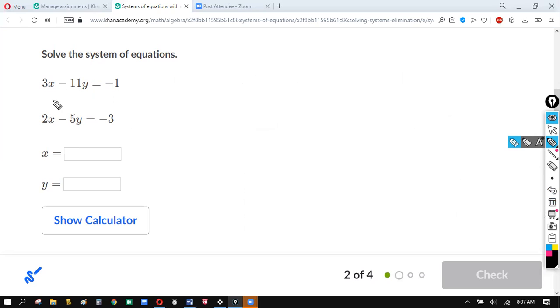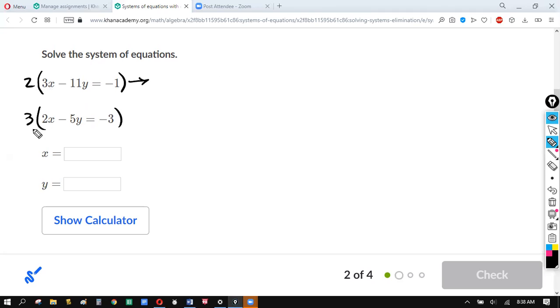I'd rather work with the x. Those numbers are smaller. So I'm going to multiply the top one by 2, and I'm going to multiply the bottom one by 3. Why am I doing that? Because 2 times 3 is 6, and it's going to give me 6x, and 3 times 2 is 6, and that's going to give me 6x. And then I can get rid of that.